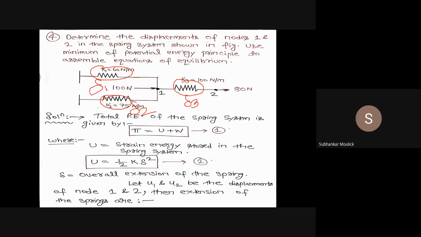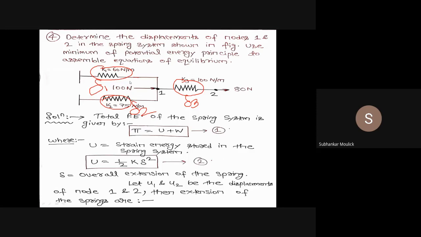So first let us find the values of these deflections delta 1, delta 2 and delta 3. This first element is connected with node 1 and with the fixed support. So the linear displacement of the first element will be equal to the deflection u1.